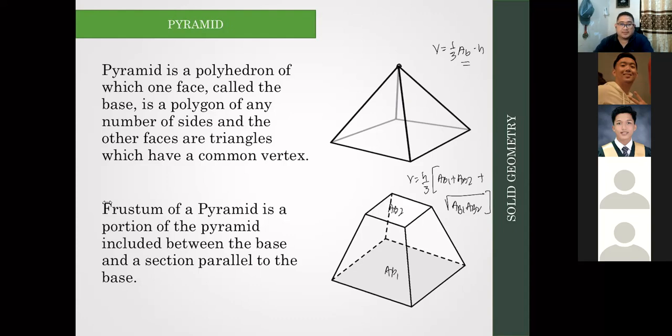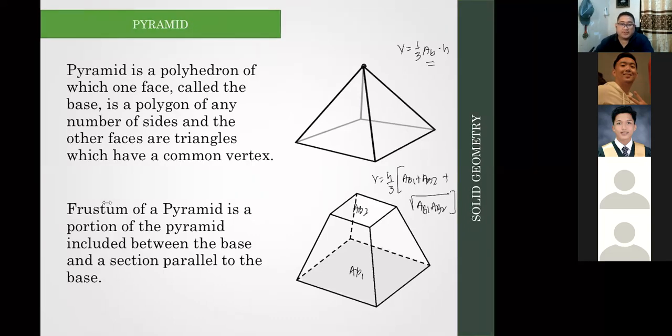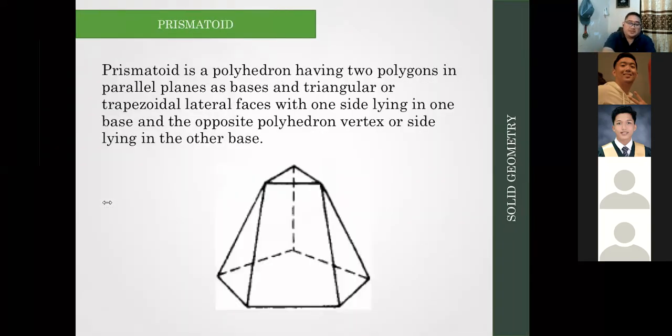Okay? Next, we have the prismatoid that we mentioned earlier. A prismatoid is a polyhedron having two polygons in parallel planes as bases. Okay? So this is the parallel base. So they are parallel to each other. Okay? Then our faces are either triangular or trapezoidal lateral surfaces. Lateral means it is slanted, no?